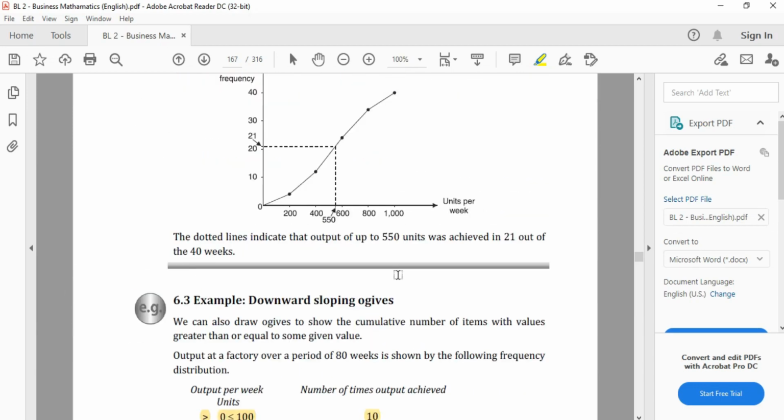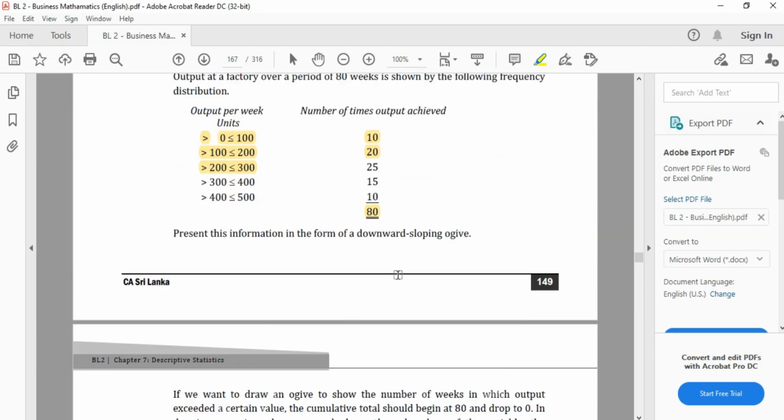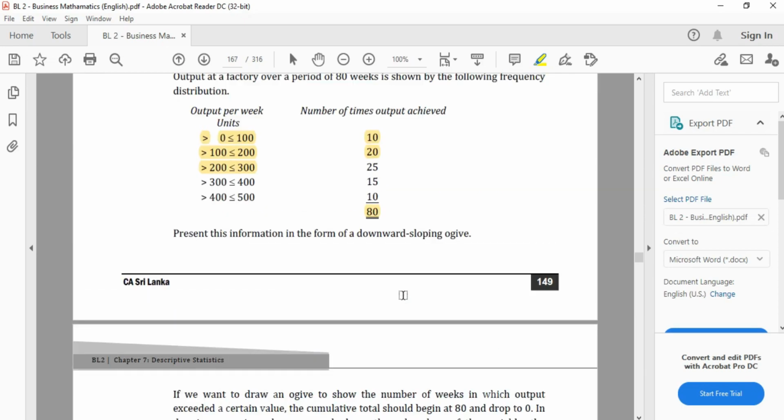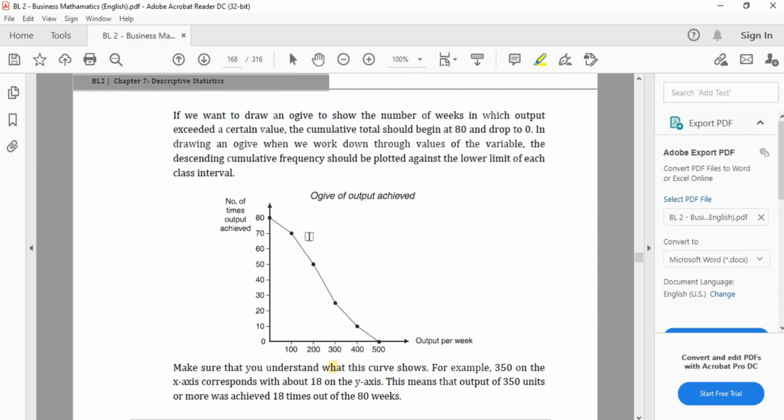Same as the previous one where we looked at marking against the upper limit, but what happens here is they basically reduce the frequency of each interval from the total frequency, in order to get it downwards.